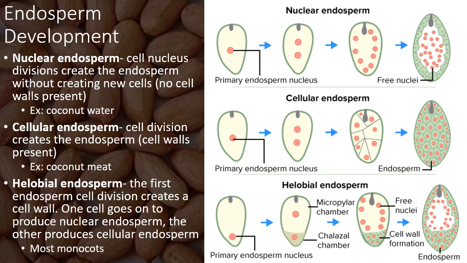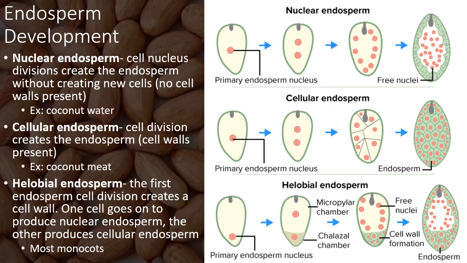There are ways to do cell division that are a little bit, I suppose, interesting that don't involve the creation of actual new cells. In our first type of endosperm development, we can actually have cell nucleus divisions, creating basically new nuclei without creating any new cells.